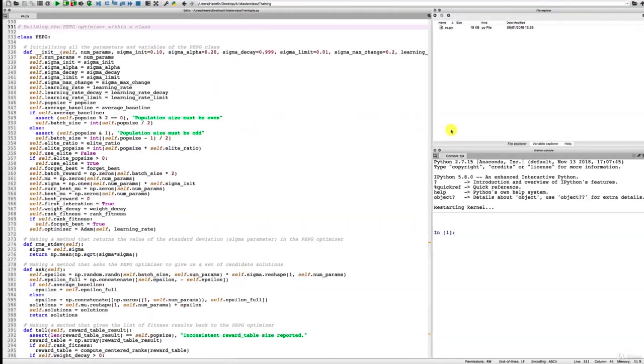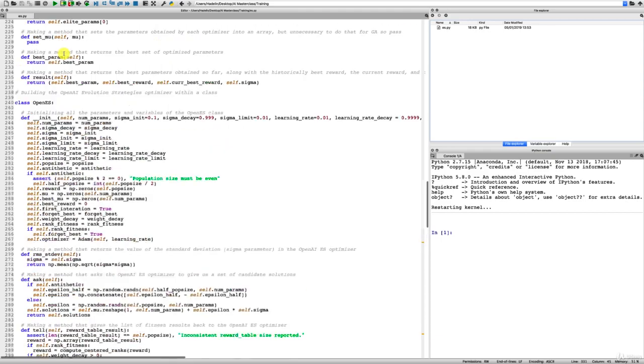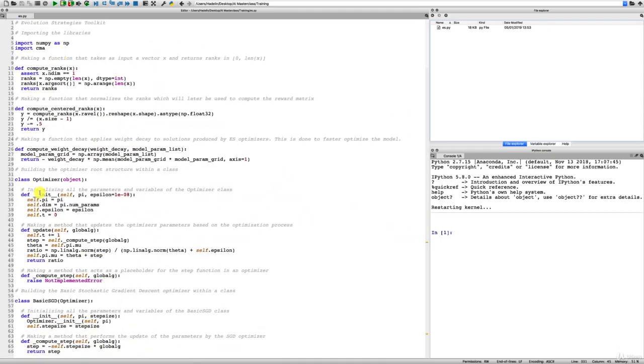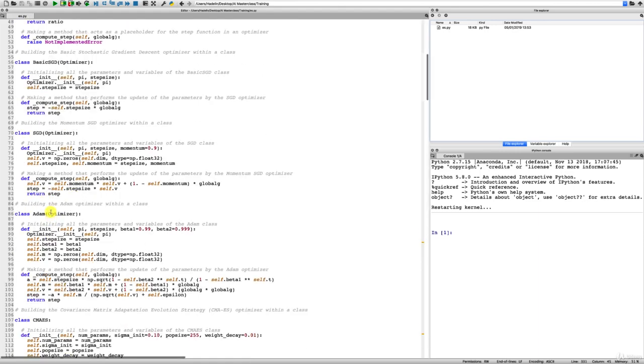And that's why in the code, here is the PEPG class by the way, at the top you will find first the classic structure of the optimizer with that probability density function pi, and mostly you will have these classic SGD optimizers, the basic SGD, then the momentum SGD optimizer and the Adam optimizer, and that's, of course, if you want to use the natural evolution strategies such as the PEPG or the OpenAI evolution strategy.